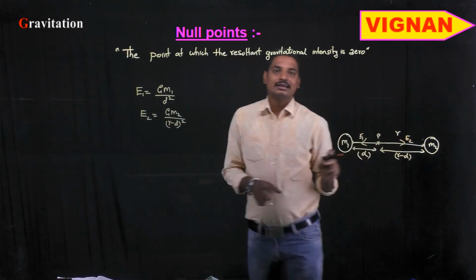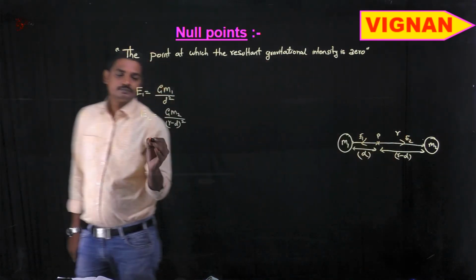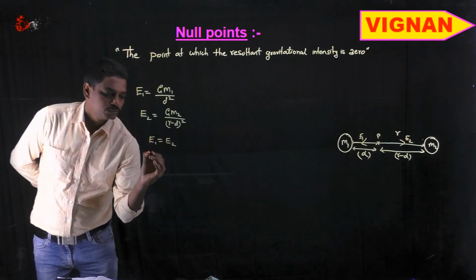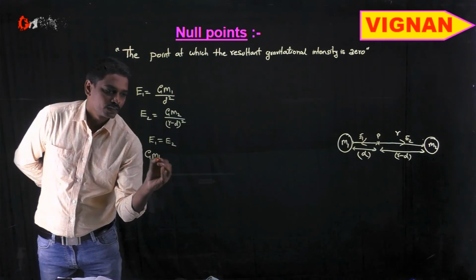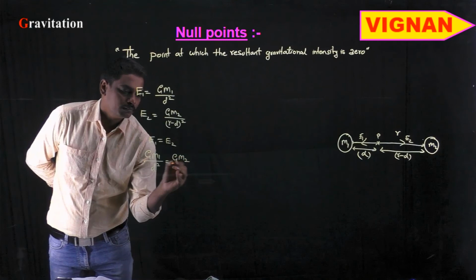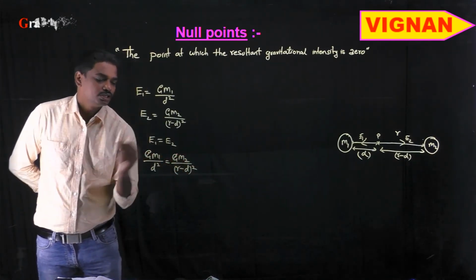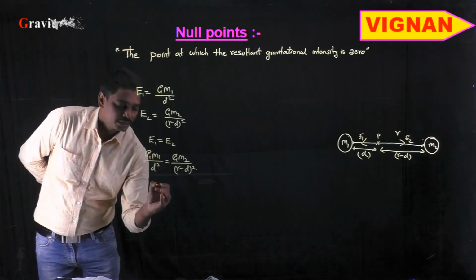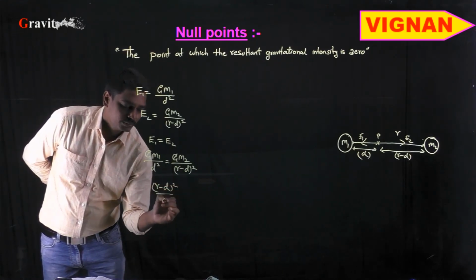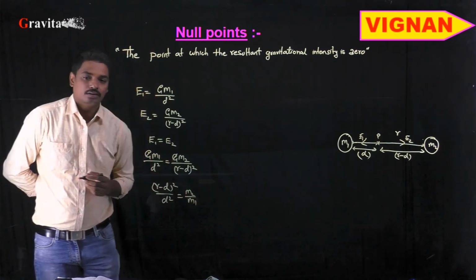As the resultant net gravitational field is to be 0, E1 should be equal to E2, which means G m1 by d square is equal to G m2 by r minus d whole square. Here G and G get cancelled. So r minus d whole square divided by d square is equal to m2 by m1.